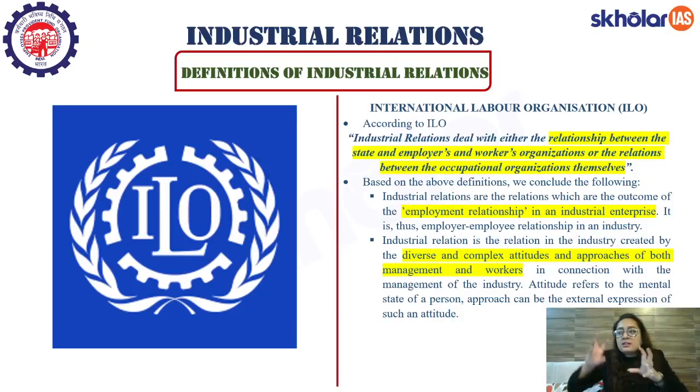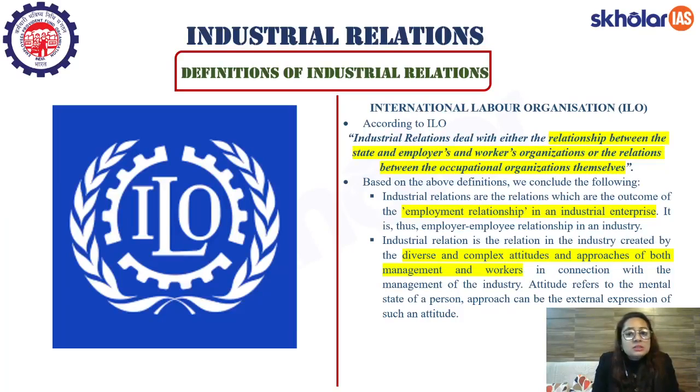So basically, any organization which is associated with a certain kind of occupation comes under occupational organization, and the way they deal is different from how industrial people are dealt with. Basically, if we talk about a factory worker, then the dealing of a factory worker is somewhat different from the dealing of a doctor. So this is what they are talking about here.